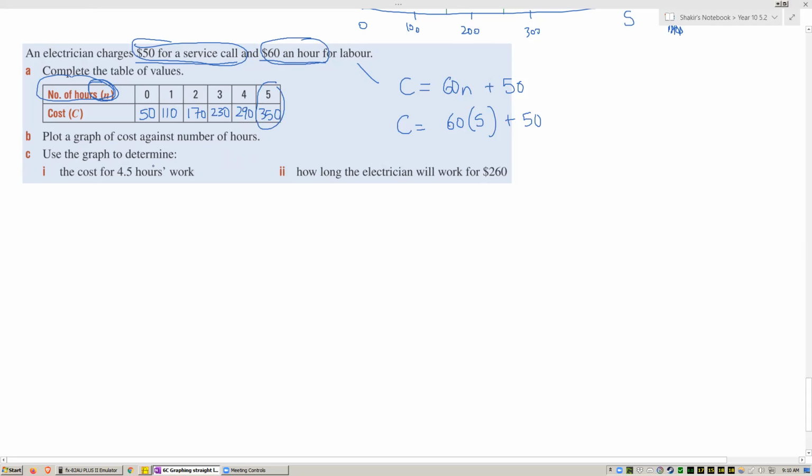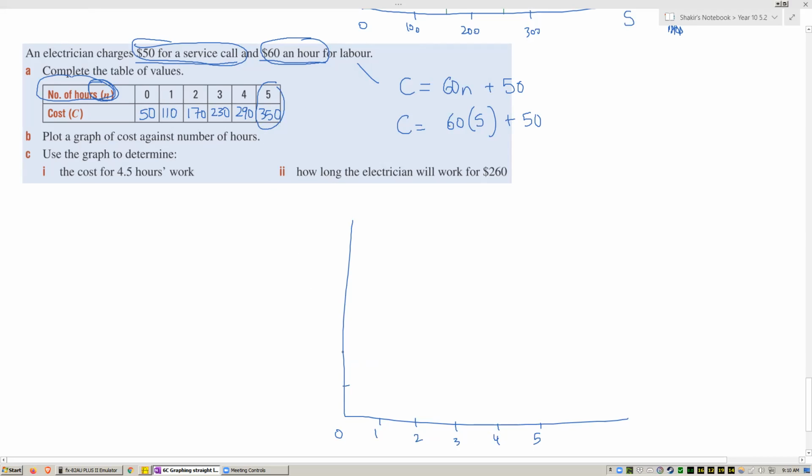Anyway, it says plot a graph of cost against number of hours. So now we're just going to plot it in. So 0, 1, 2, 3, 4, 5. And now you have to choose a scale. For the sake of simplicity, I'm going to choose going up by 50. And then I'll just plot the dots in accordingly.